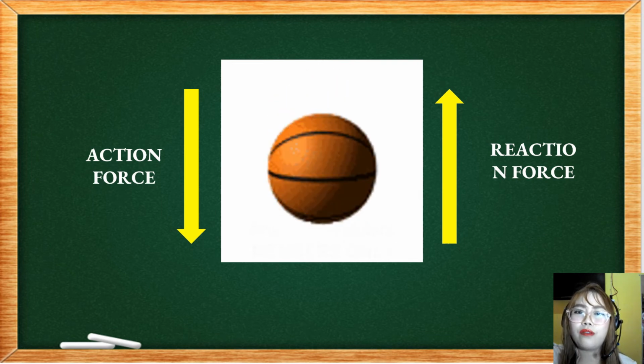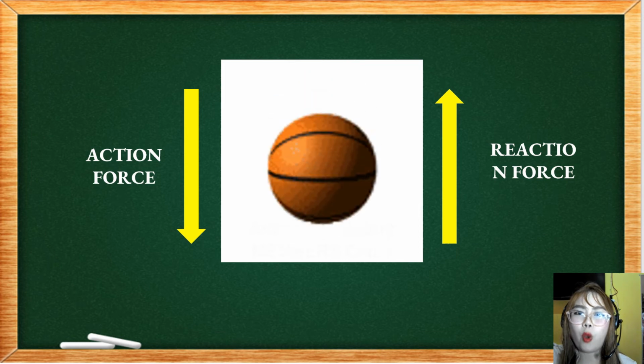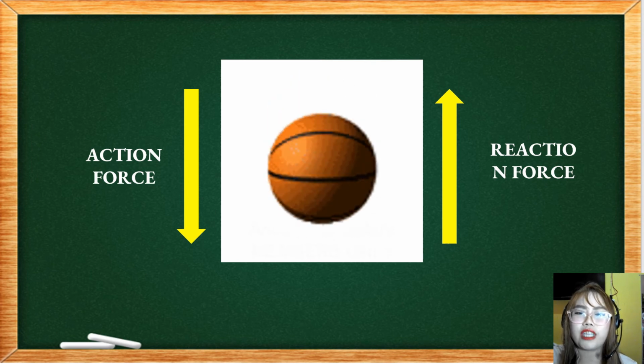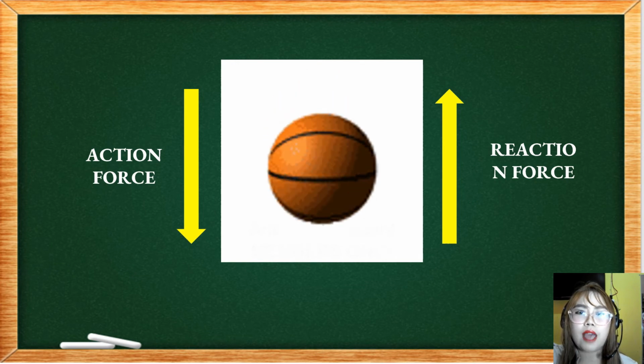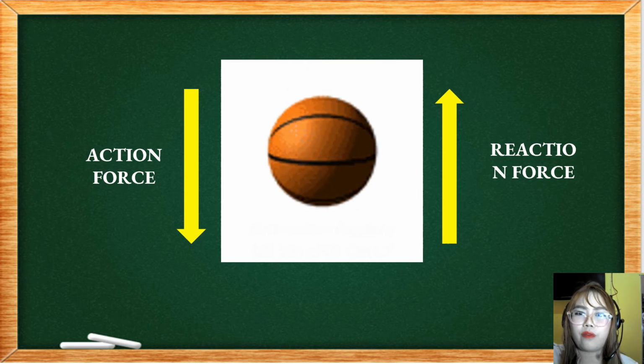An example of this is dropping a basketball. As the ball hits the floor, it causes a downward force on the floor. This is the action. Then, the floor reacts by pushing off the same force but in opposite direction, and this is now the reaction force.